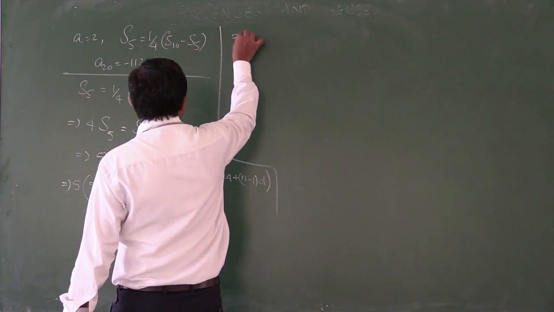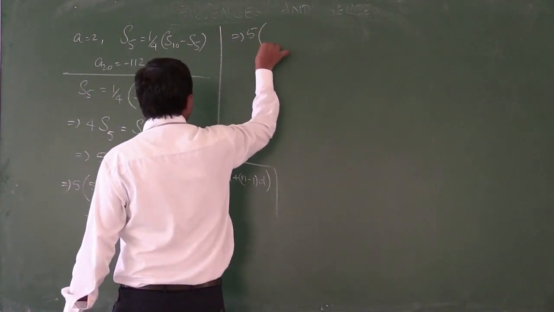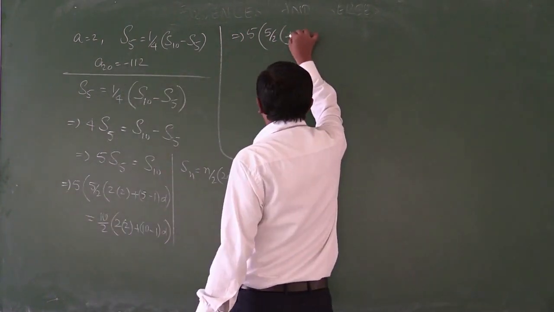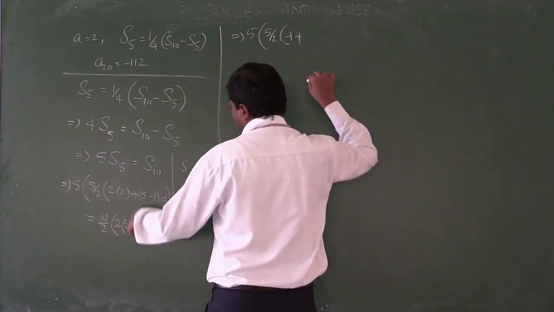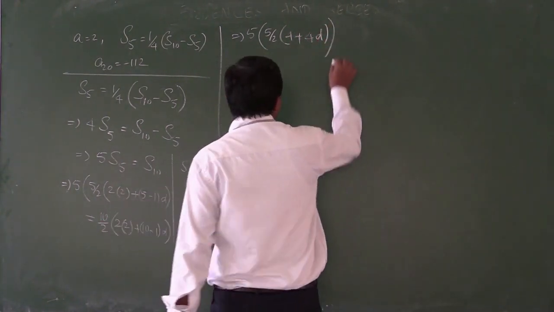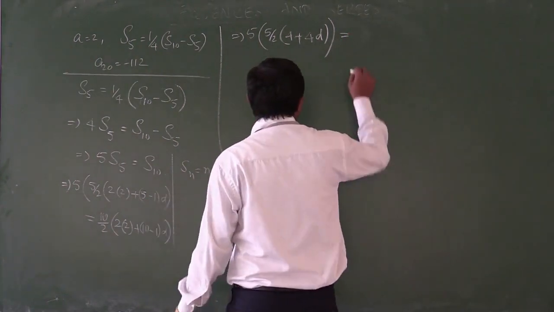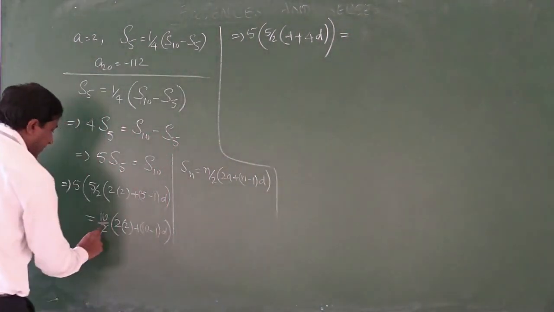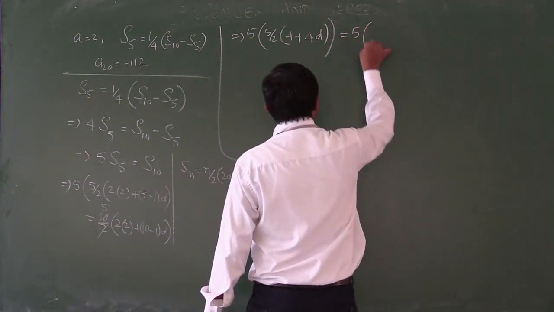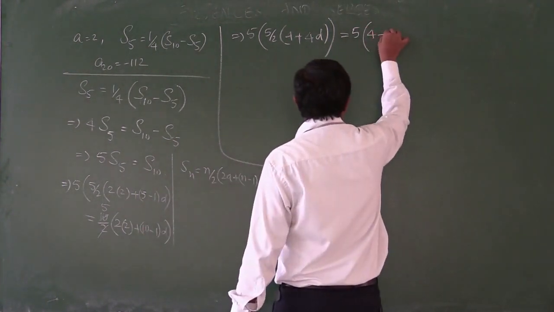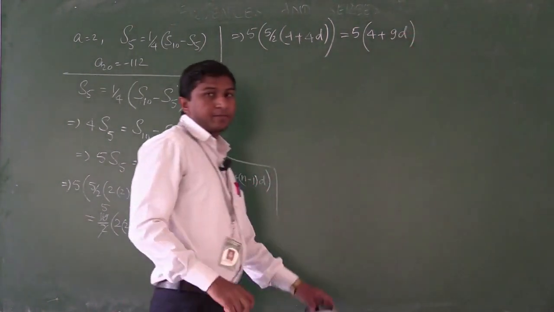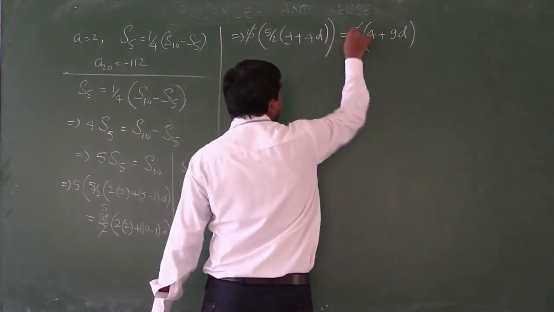Now, on further simplification, I can write this as 5 into 5 by 2 into, 2 2s are 4, plus 5 minus 1 is 4 into D. Then on the RHS, 10 by 2 simplifies to 5, so it is 5 into, 2 2s are 4, plus 10 minus 1 is 9 into D. I can cancel these two 5s.